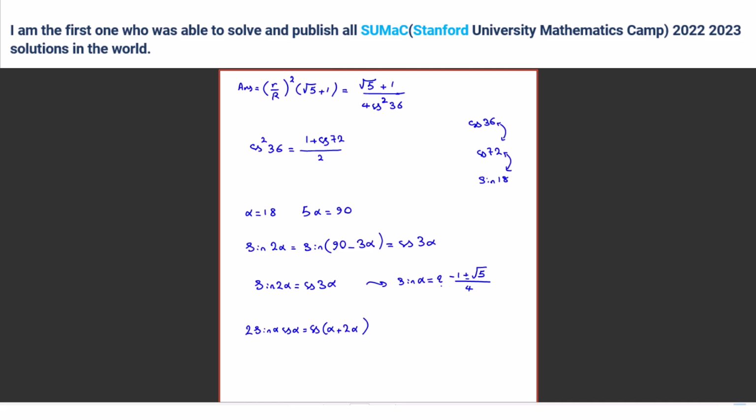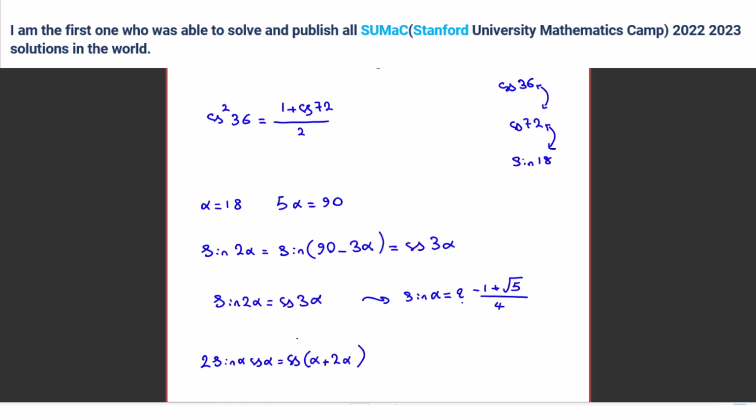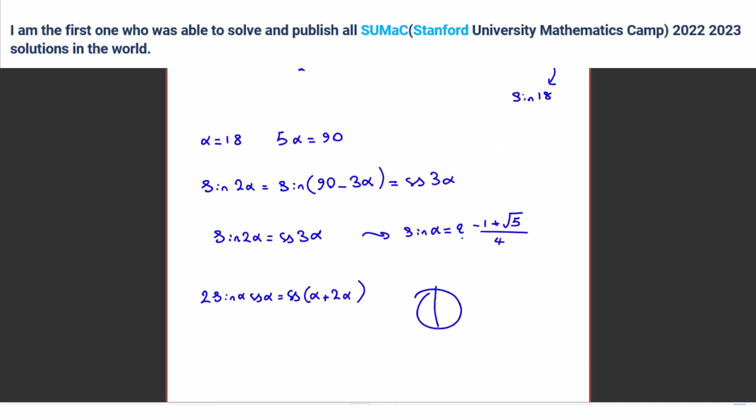It's plus, right? Because sine alpha should be positive, since alpha is between 0 and 90 degrees. Here sine is positive from 0 to 180.